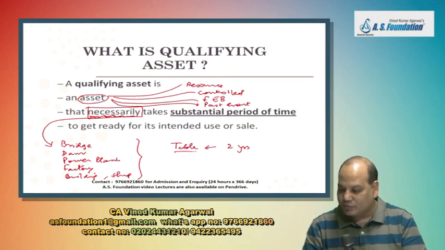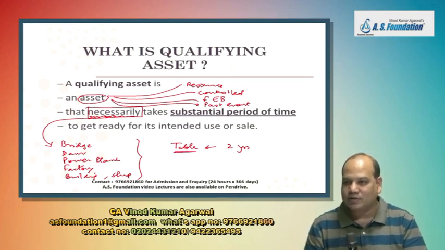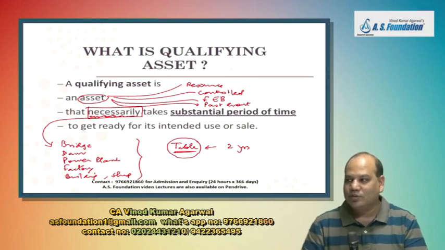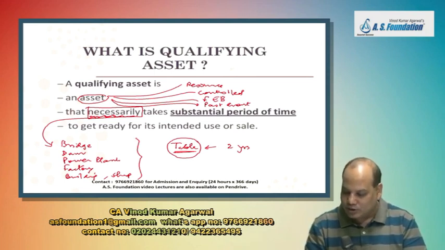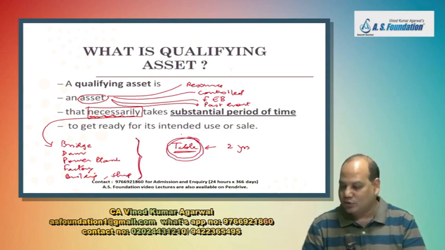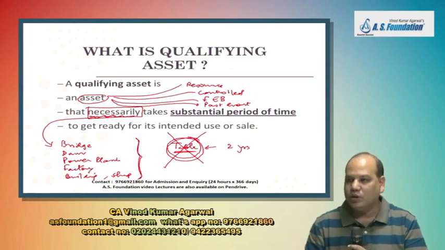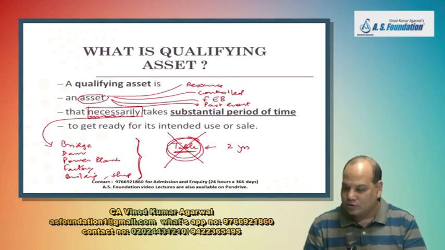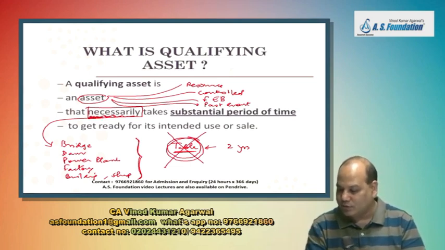Theoretically, will this table be a qualifying asset? The answer is no, because it is not in the nature of this table to take 2 years to complete. Here you have purposefully delayed, so this will not be a qualifying asset. So that is why they have used the word necessarily.